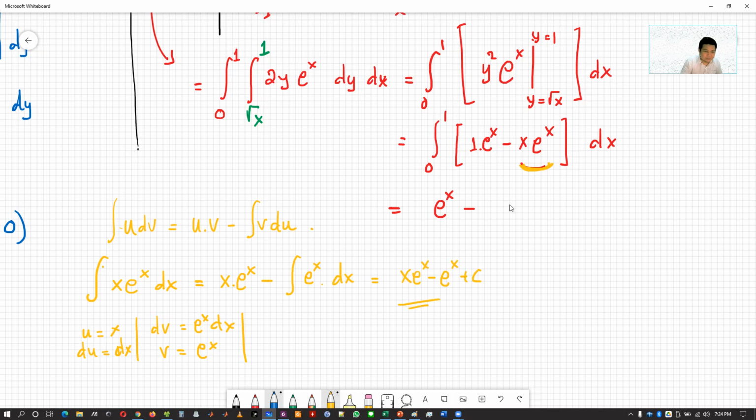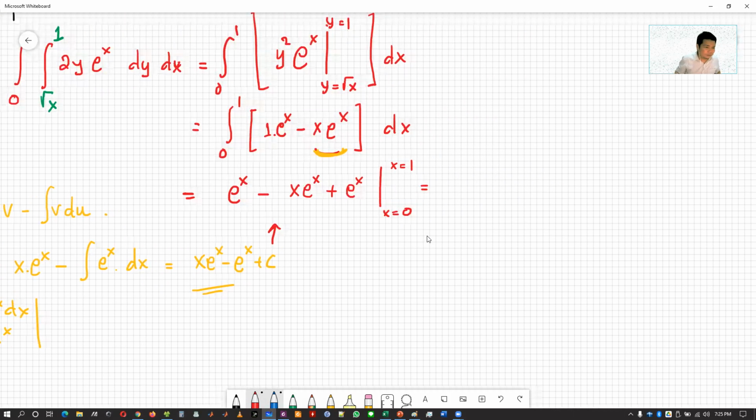Okay, this one. Then what do we have? I will try to continue in the red here. So what do we have? The integral of this one becomes x e^x plus e^x, and then with boundaries, which is actually x is 0 until x is 1. Okay, so what do we have? I think we are correct.